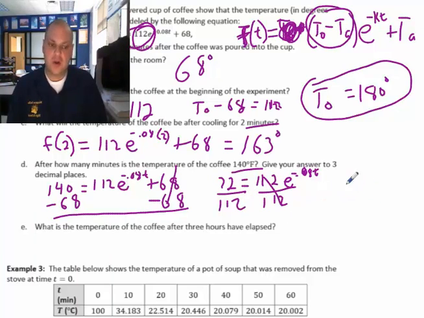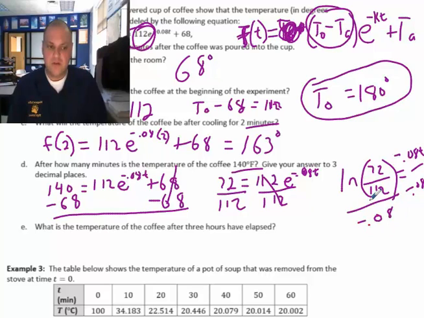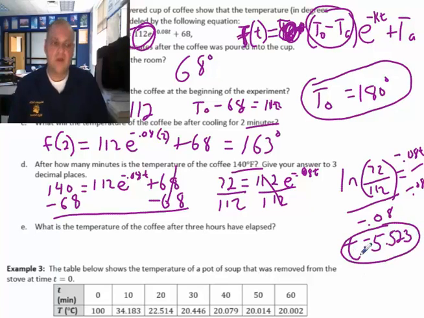Now let's see if we can use our shortcut. Natural log of 72 over 112 equals negative 0.08 t. Then divide by negative 0.08. The t is going to be 5.523. If you've got a calculator, you can check that out. So that's how many minutes it's going to take to get down to 140 degrees.